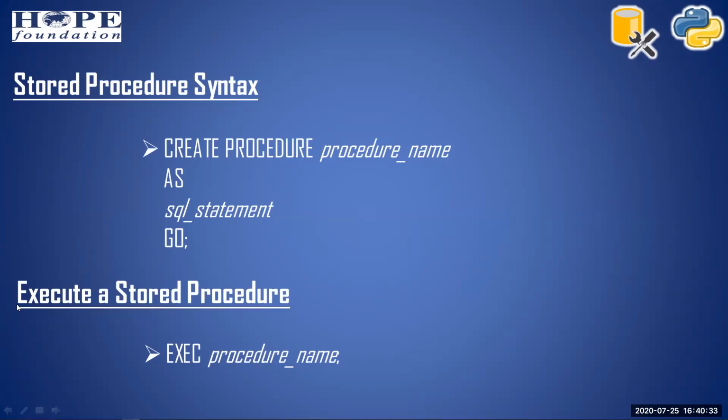Okay, so B dot product ID equal to D dot product ID. That's all. And after that, we have added product ID, and in products we have category and also shipper ID, then employee ID.